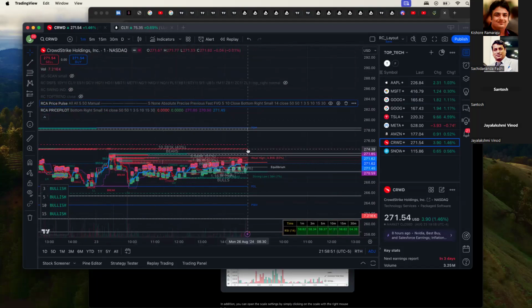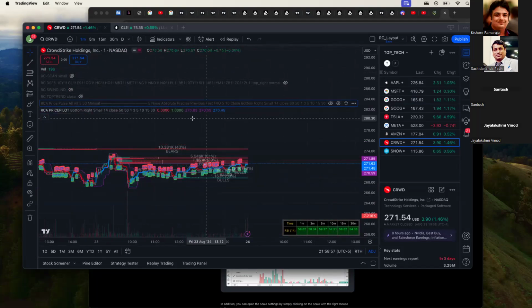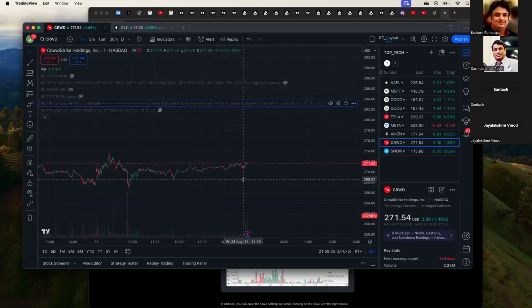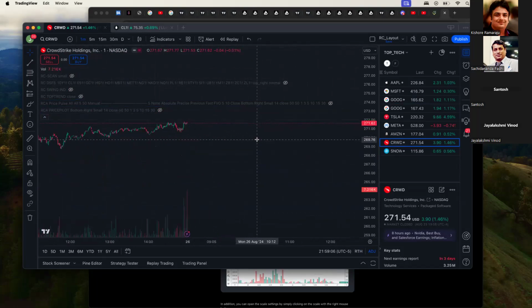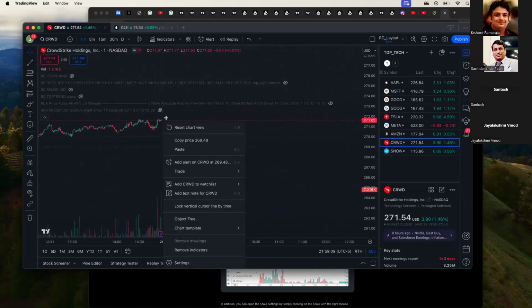You can disable price pulse and use only price pilot, if you are only facing the issue with price pulse, because both are nearly the same. However I do that, it is very difficult.